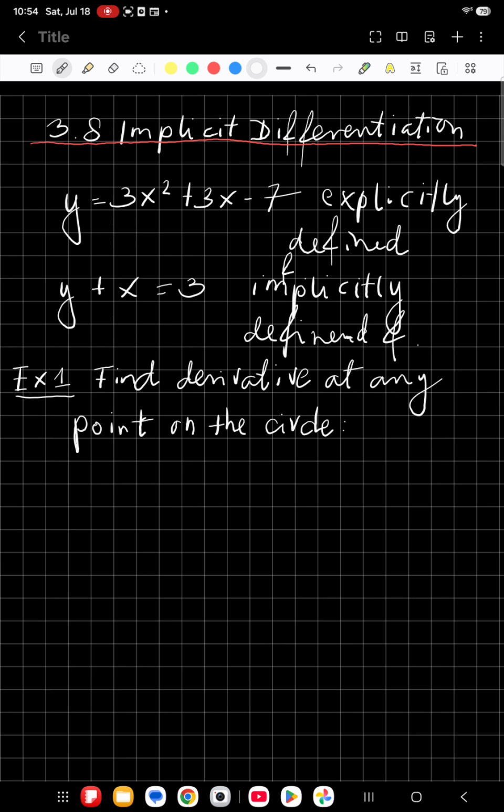We had the circle, and it was defined like this: x squared plus y squared equals 25.